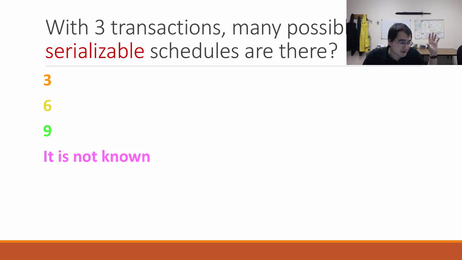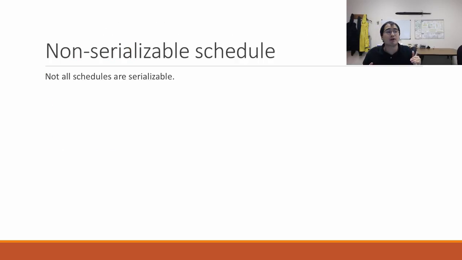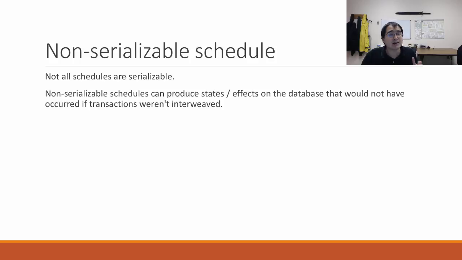Okay, so we talked about serial schedules. We talked about serializable schedules, which could be mixed up, but as long as their end result's the same. There are also non-serializable schedules. So these are schedules that can produce states or effects on the database that would not have occurred if these transactions weren't interweaved, weren't mixed up with each other.